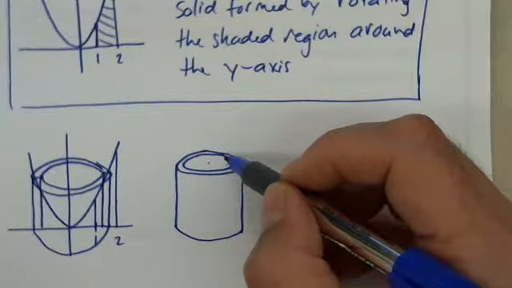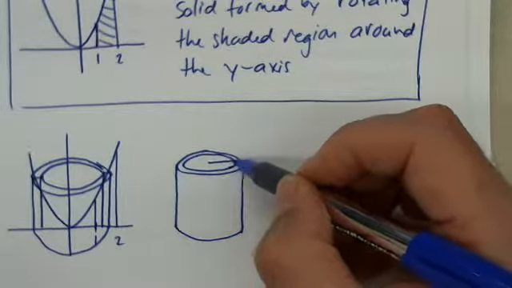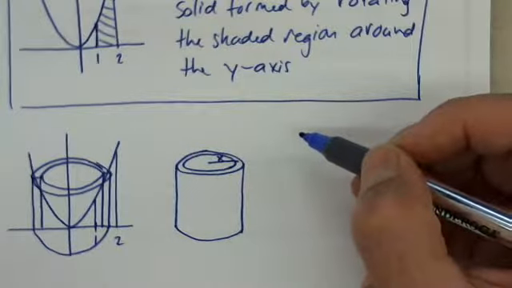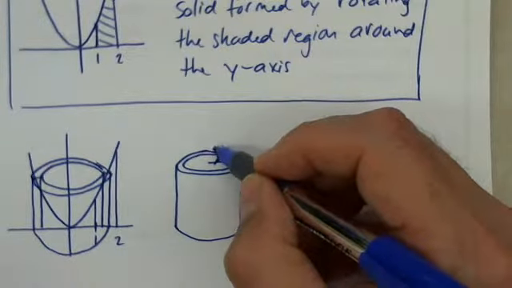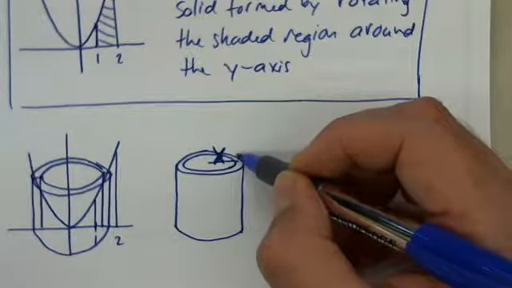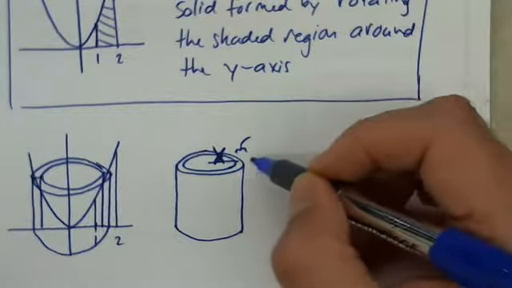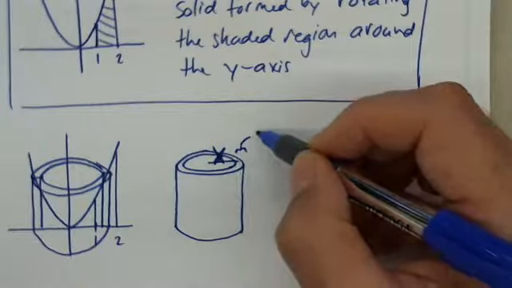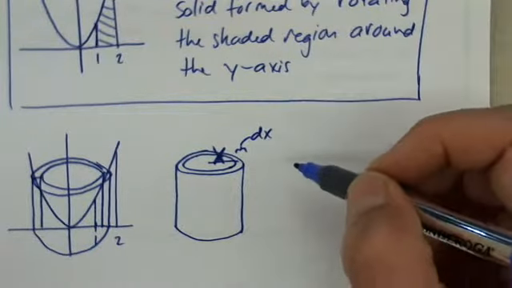And we have a cylinder of radius x, and then the thickness of the shell is dx.